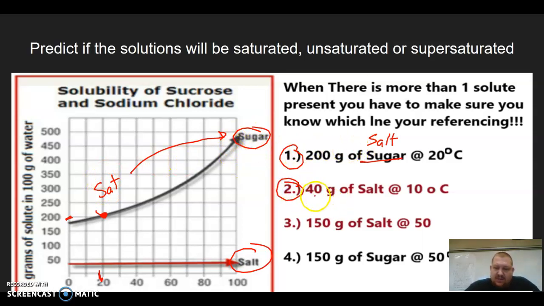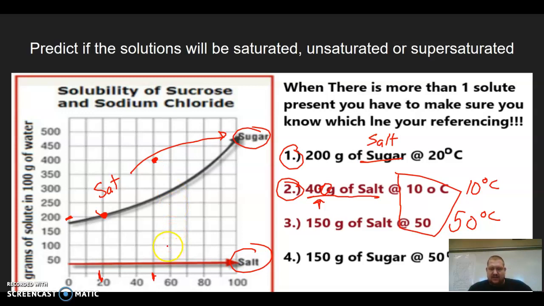What about number 2? 2 says 40 grams of salt at 10 degrees Celsius. Sorry about this. I forgot to fix this, but this is supposed to be 10 degrees Celsius and 50 degrees Celsius. So 40 grams, 50 degrees Celsius. So here's 50 up to, I think this is supposed to be 400. We'll call it 400.